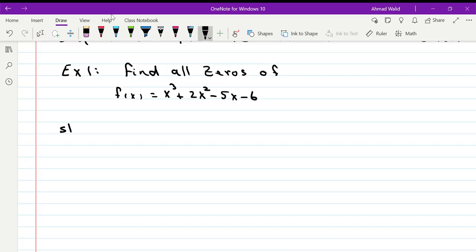Step one, I look for the possible zeros. A sub 0, my constant term, is negative 6. And A sub n, the leading coefficient, is 1.